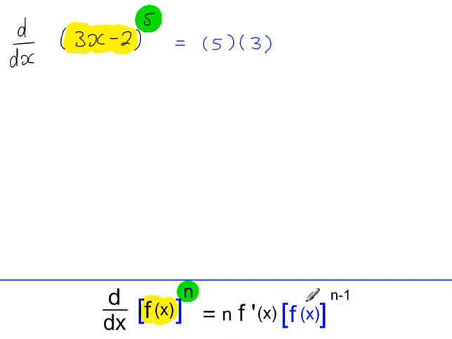And then we multiply by the original function inside the brackets, which is 3x minus 2, to the power of n minus 1. So we subtract 1 from this power, so to the power of 4, and then just simplifying, 15 times 3x minus 2 to the power of 4.